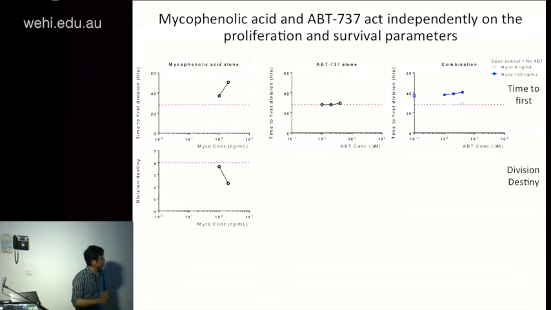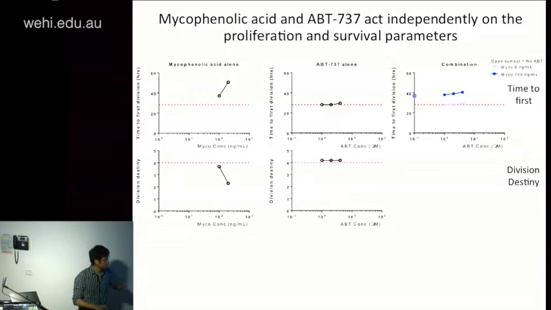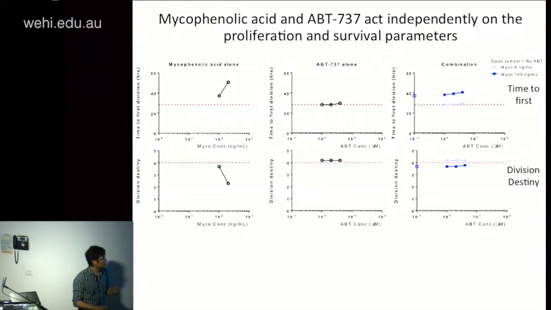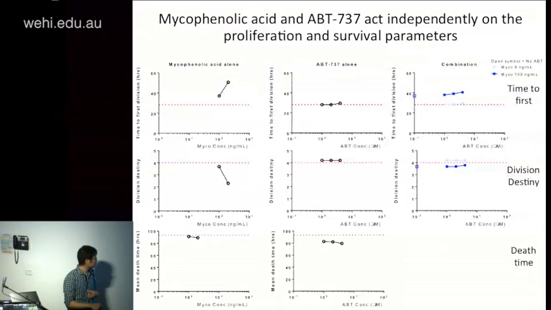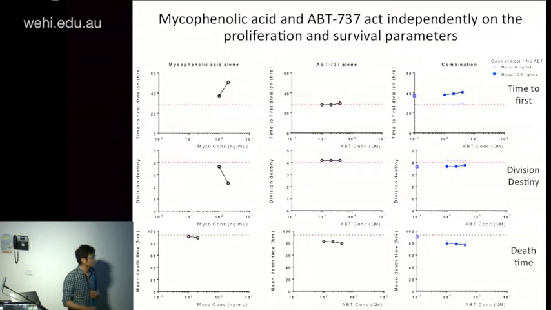If you look at the effects of mycophenolic acid and ABT-737 on the division destiny, you can see that in combination, there doesn't seem to be any changes to division destiny. If you explore the effects on the death times, it's affected by ABT-737, and in combination it's still independent.